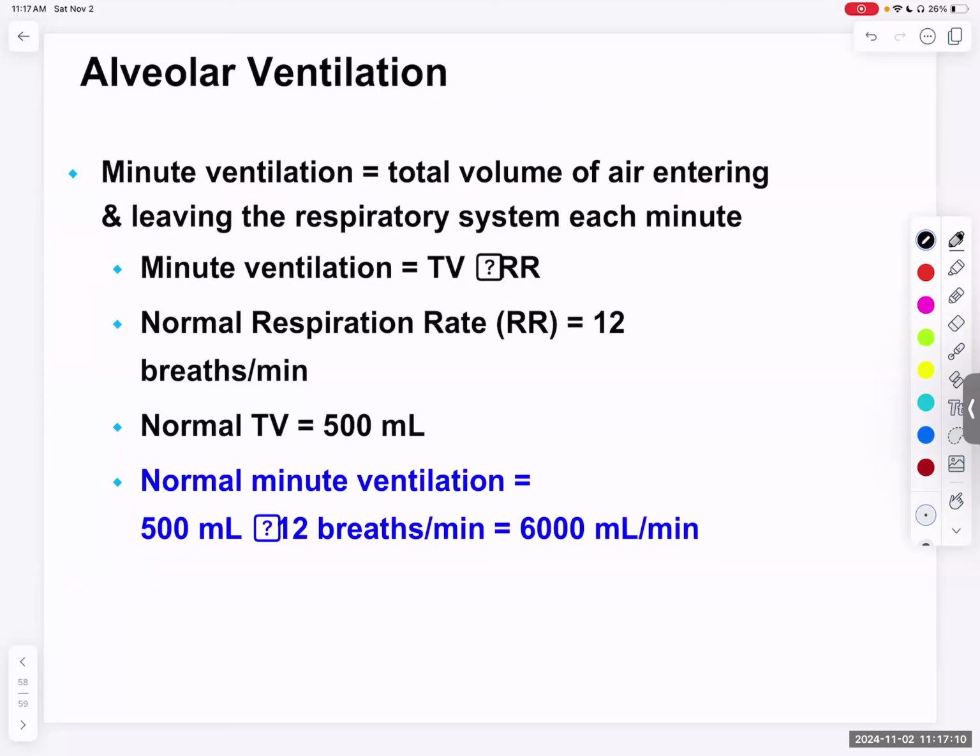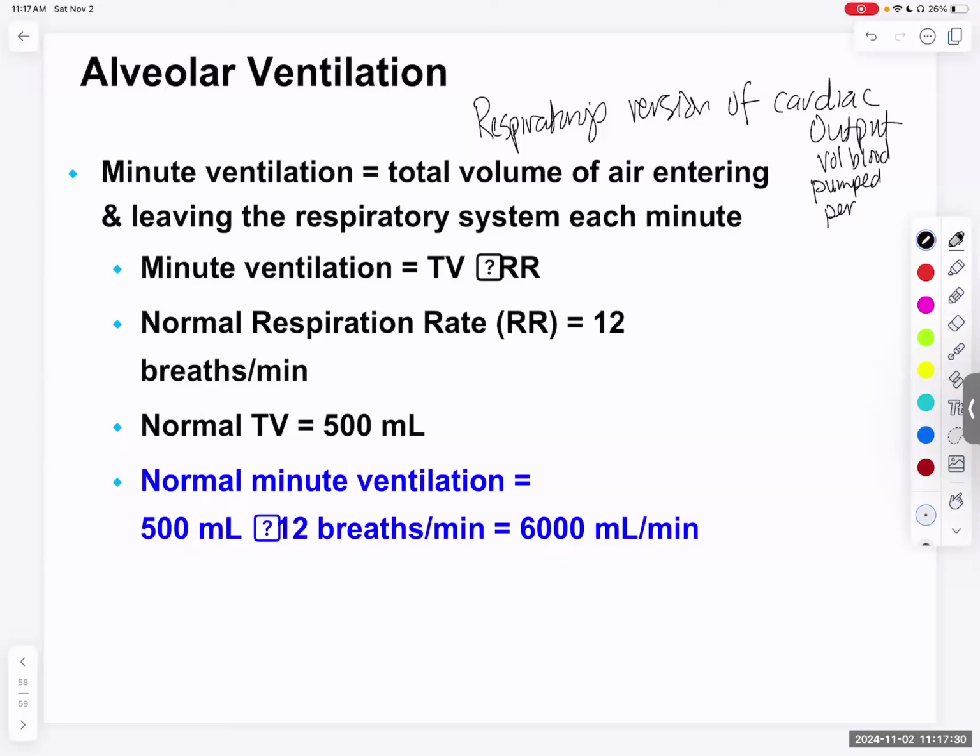Minute ventilation is kind of like the respiratory version of cardiac output, right? Because cardiac output is a volume of blood pumped per minute. Minute ventilation is a volume of air in and out in 1 minute.